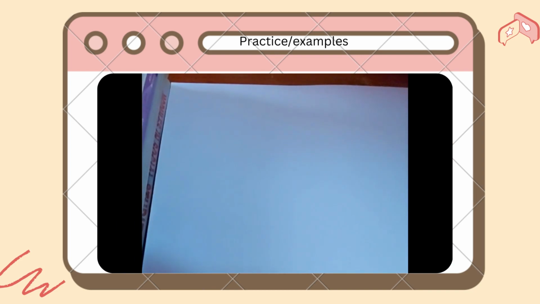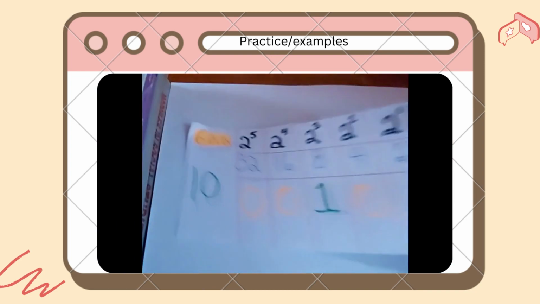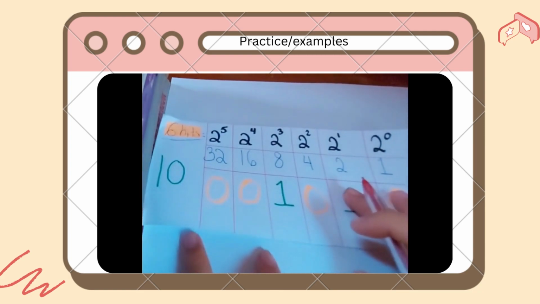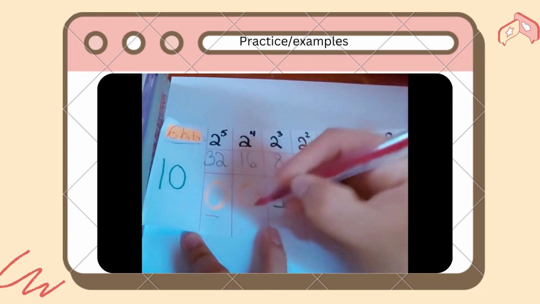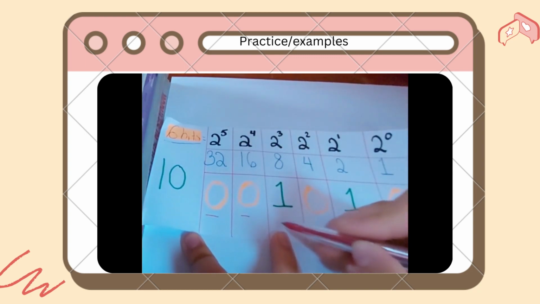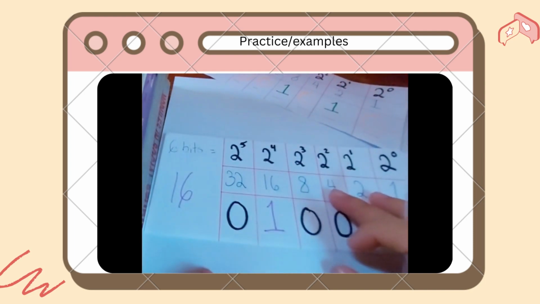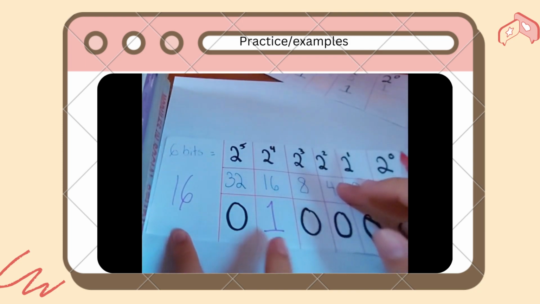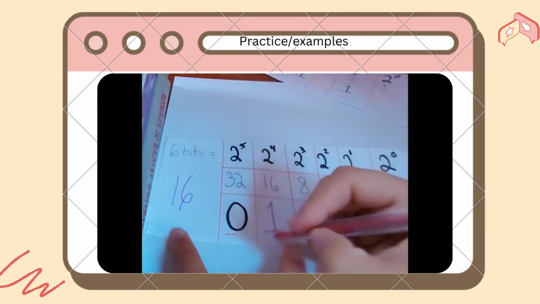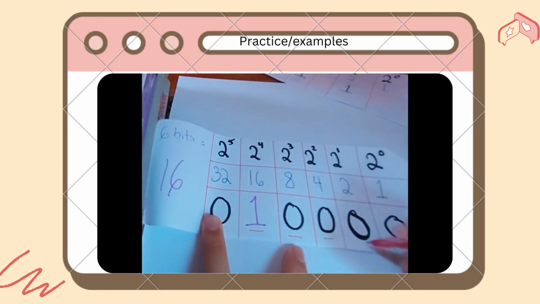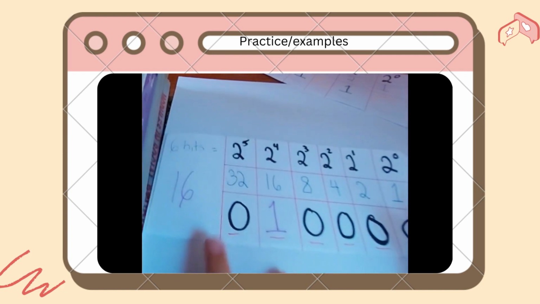So to recap, in these examples we learned that the binary number for 10 is 001010. We also learned that the binary number for 16 is 010000.